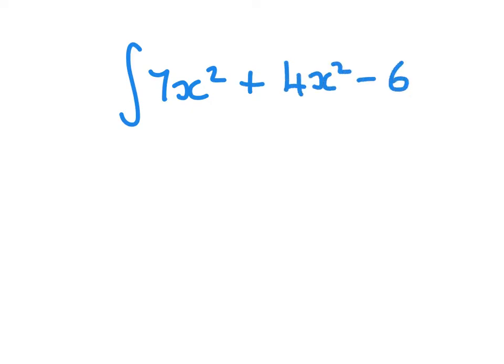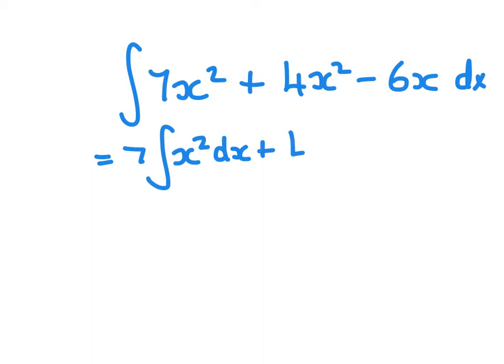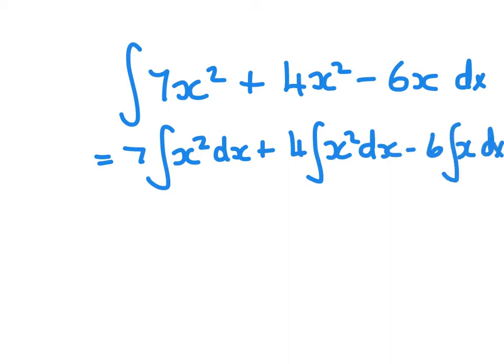The second rule that we're going to look at is that when I integrate a number of different things, it's the same as integrating each of them separately. So that's the same as 7 times the integral of x squared plus 4 times the integral of x squared minus 6 times the integral of x.